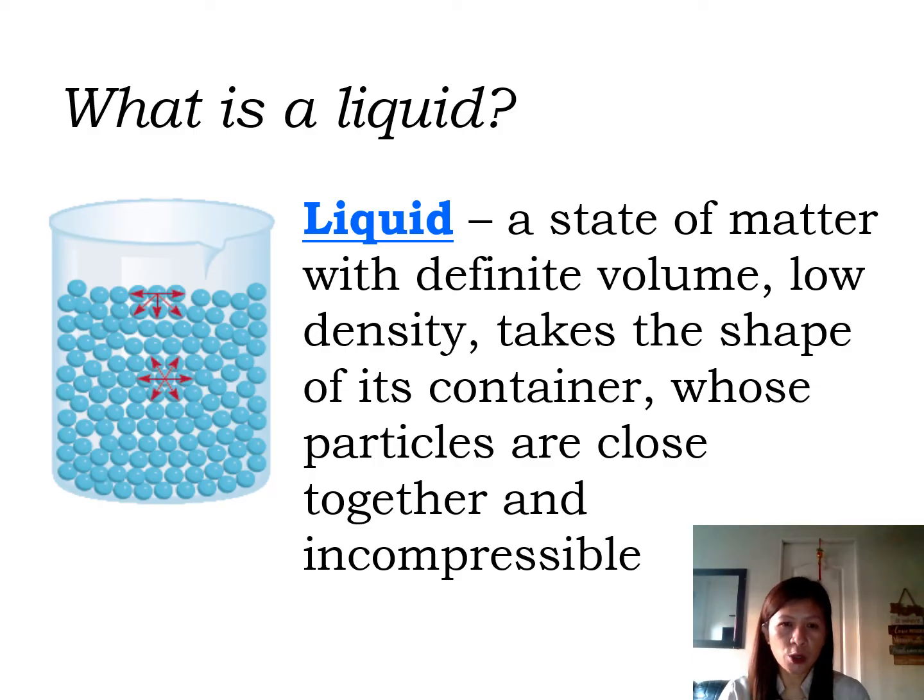The container also contains the molecules because of the loose attraction. Particles may have the ability to flow and break away from the attraction. What else? Whatever the volume of the container, the shape of the container, they will be taken by the liquid. So those are some of the characteristics of liquids as shown in this illustration.